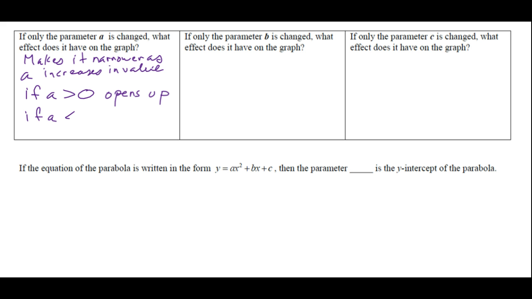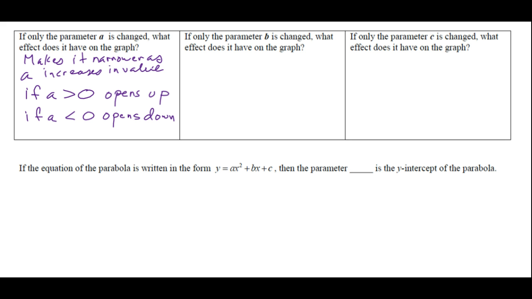If a is less than 0, it opens down. So a controls the shape, it's always the same shape, but how steep it is, or how wide or narrow it is, and also the direction of opening.